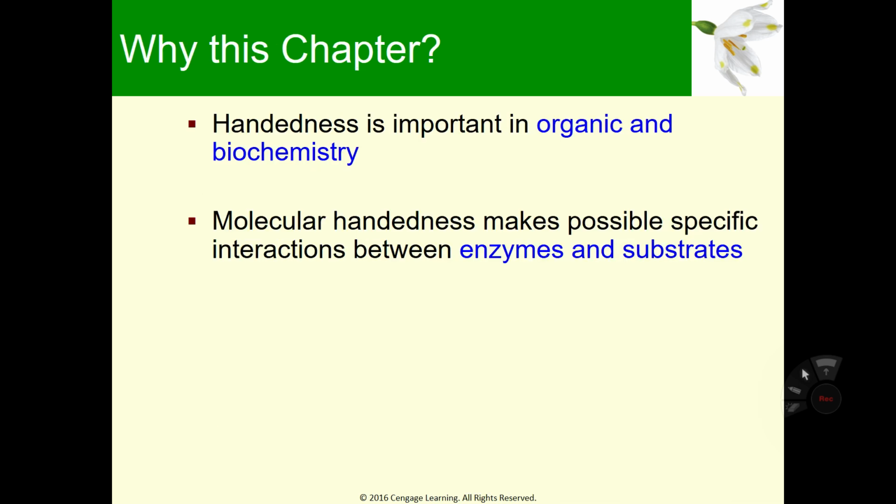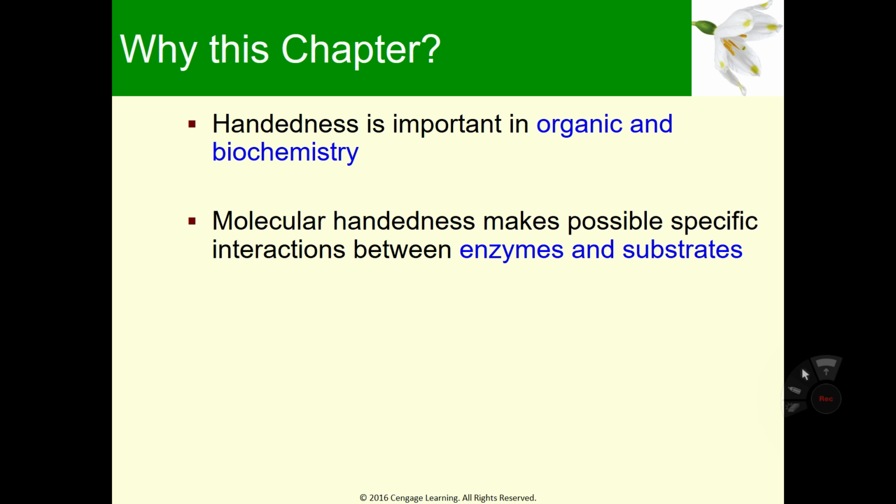Now, why do we have to learn this stereochemistry in this chapter? Because a lot of compounds in organic chemistry, particularly in biochemistry, have a handedness. And the handedness plays a very important role in their function.